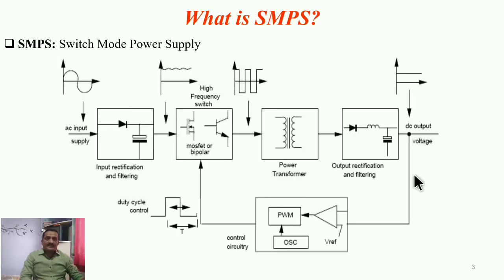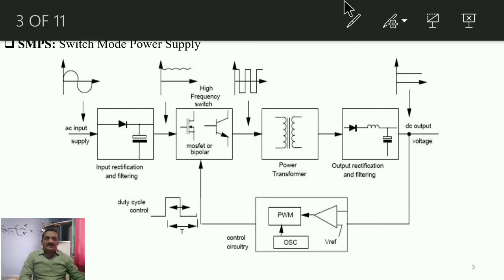Now, before going to the complete diagram, I will try to show you the basic concept of SMPS. Remember again, the input to the SMPS is DC voltage. It may be regulated or unregulated. There is just one switch placed in series between input and output.